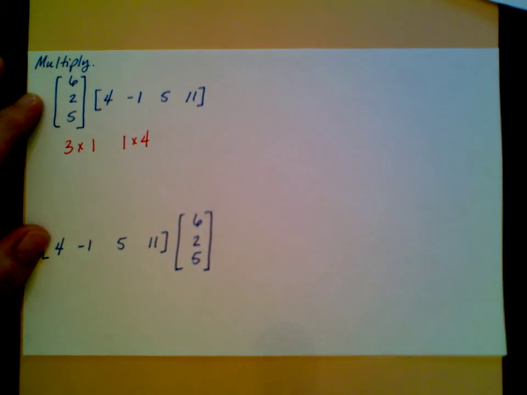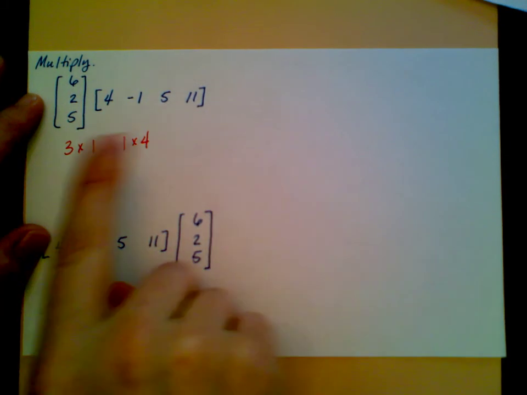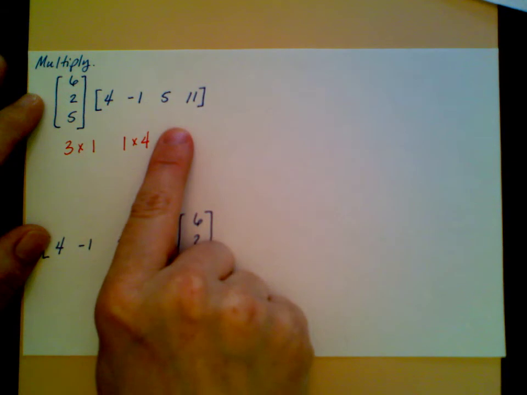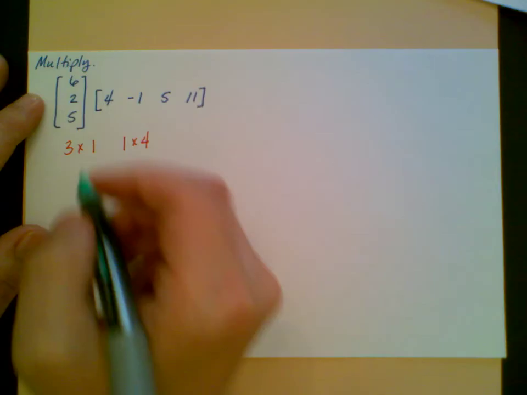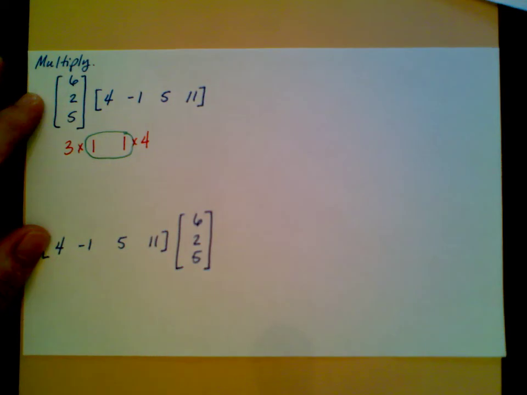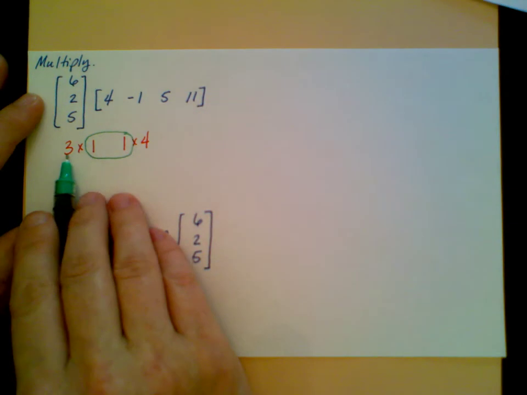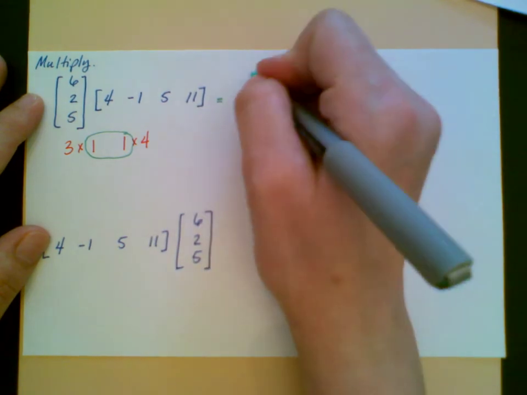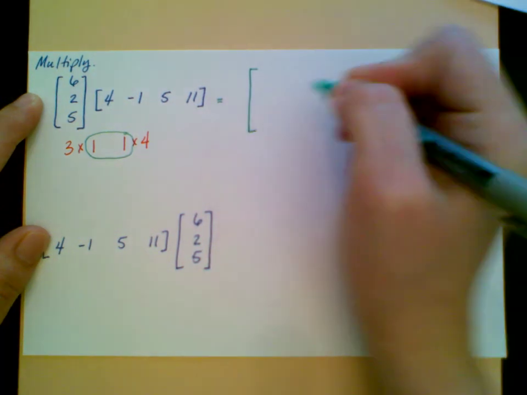Notice this is not the special case that we were talking about earlier, where we had a row times a column. This is a column times a row, which, as it turns out, we will be able to calculate. These numbers are the same, so this will work. My result will be a 3 by 4 matrix, which will be pretty large.